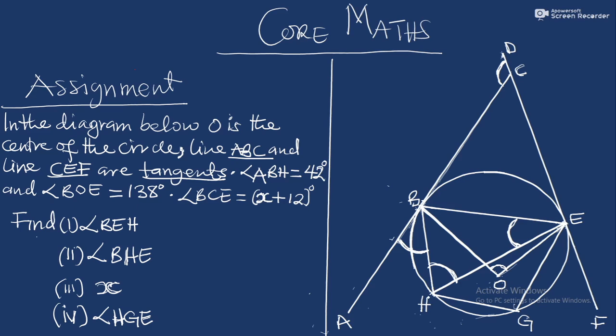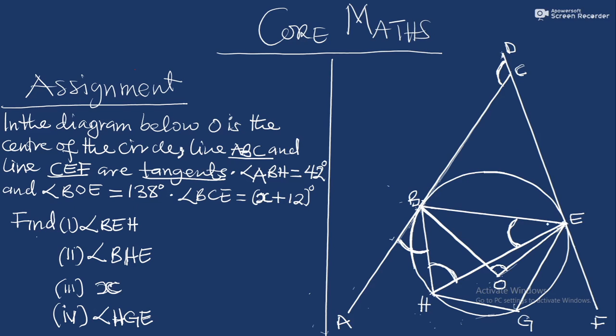So when you trace this angle down, it falls on chord BE. So it means that chord BE formed that angle. So this angle at H here was formed by chord BE. Okay, good.